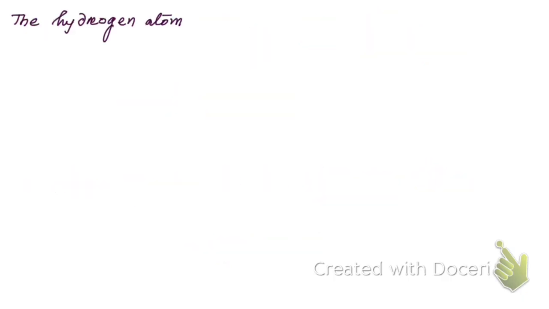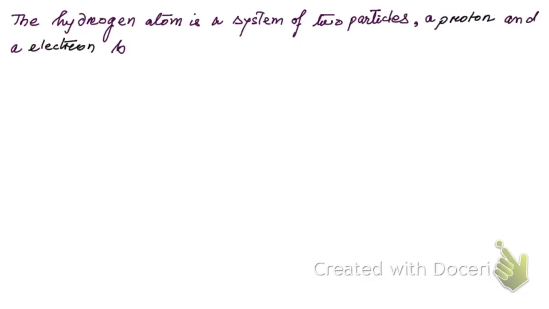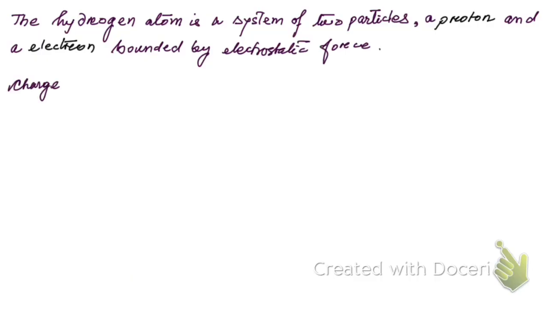So you see, the hydrogen atom is a system of two particles. One is proton and another is electron, bounded by electrostatic force. The charge of electron is minus e, and that of proton is plus e.